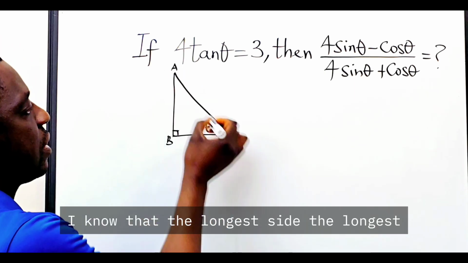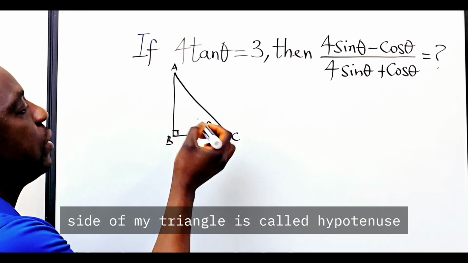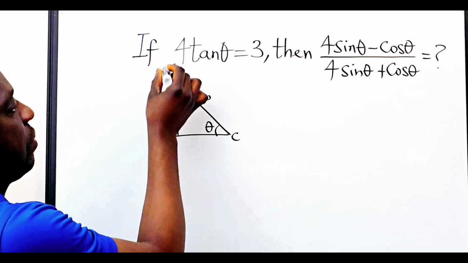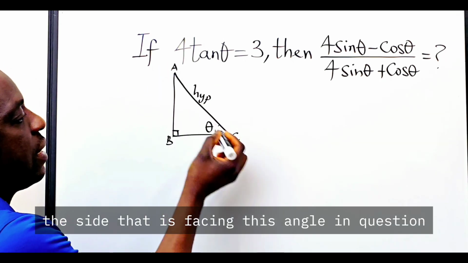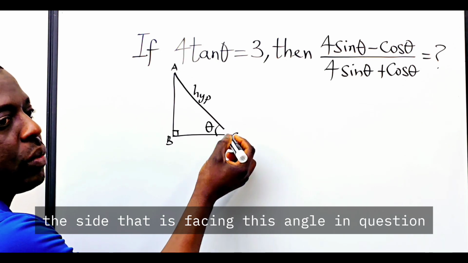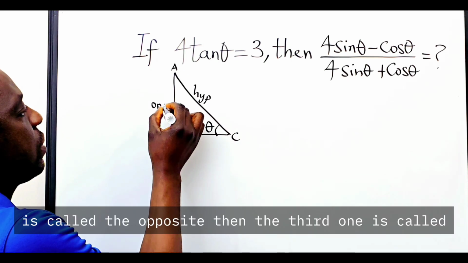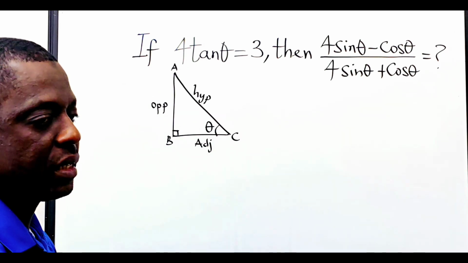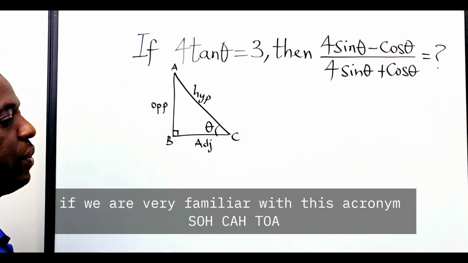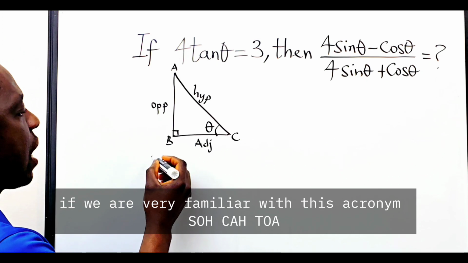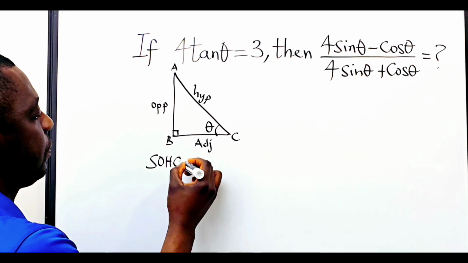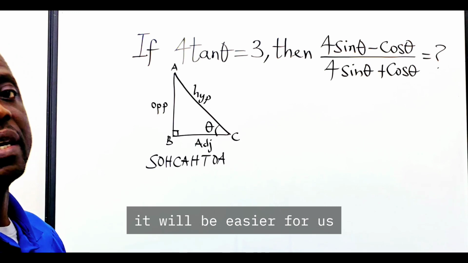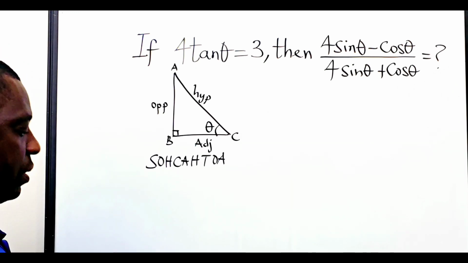The longest side of my triangle is called the hypotenuse, and the side that is facing this angle in question is called the opposite. Then the third one is called the adjacent. If we are very familiar with this acronym SOHCAHTOA, it will be easier for us.